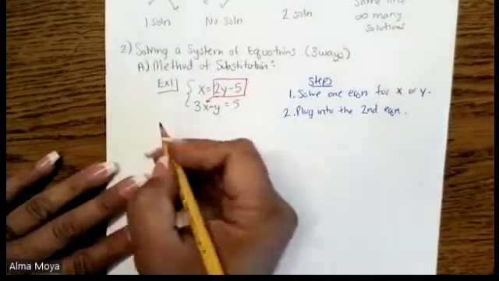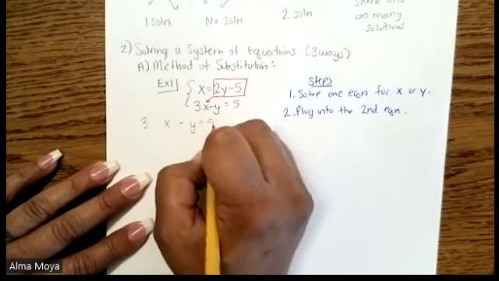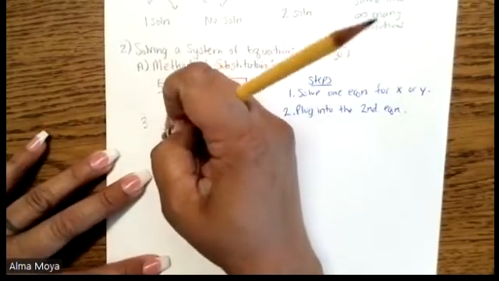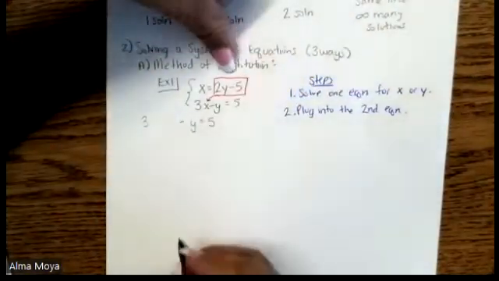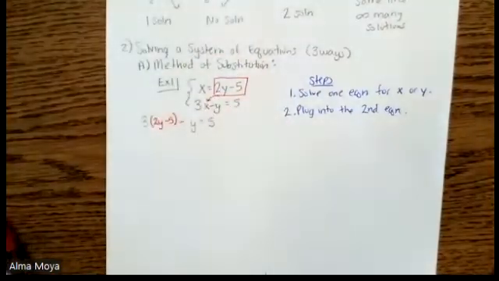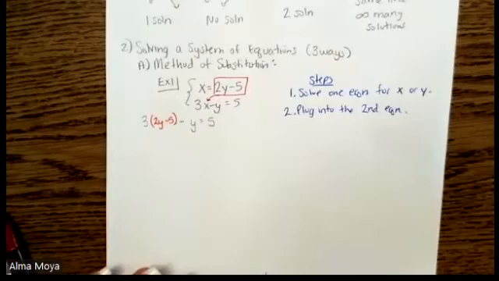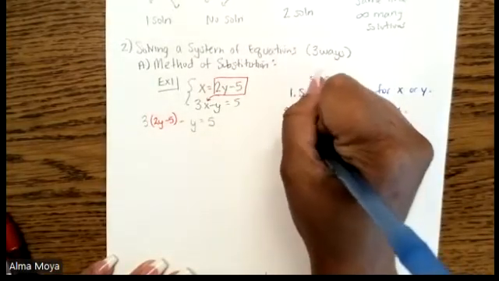Instead of writing 3x minus y equals 5, I'm going to replace the x with this 2y minus 5. Now, if you notice, the only variable here is just y now. So I'm going to solve for the variable.